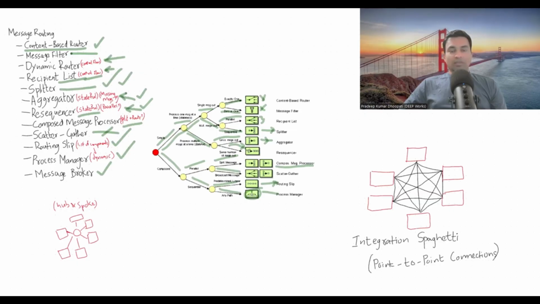Then comes the scatter gather, which is again a bulk message which will be split or scattered into individual messages and sent to different receivers. And then again, at the end, you have to gather all the messages that were processed and send them to the downstream consumer. That is a scatter gather. Then routing slip.